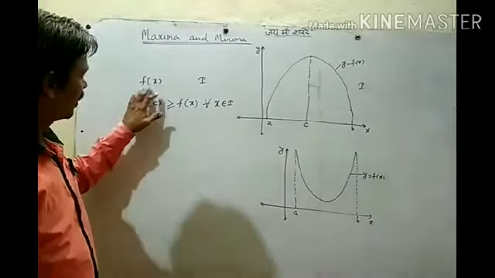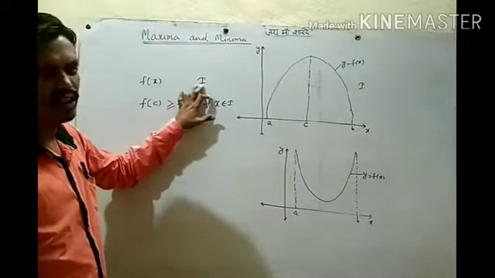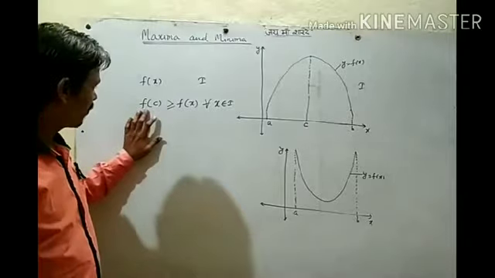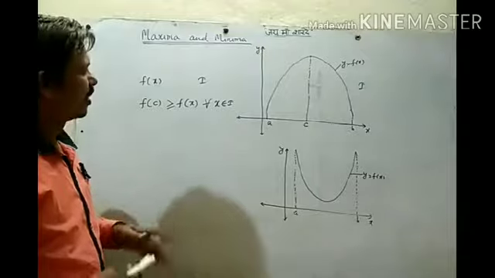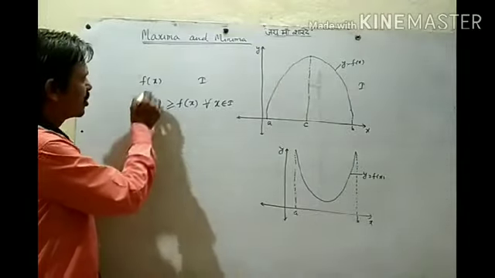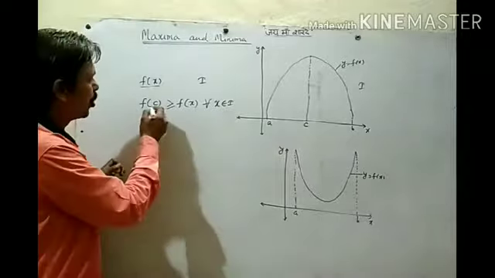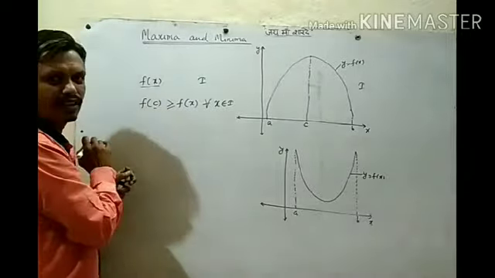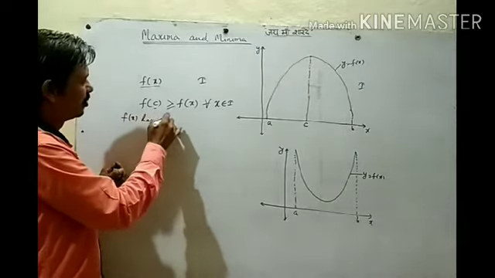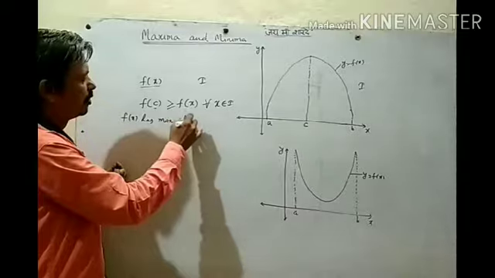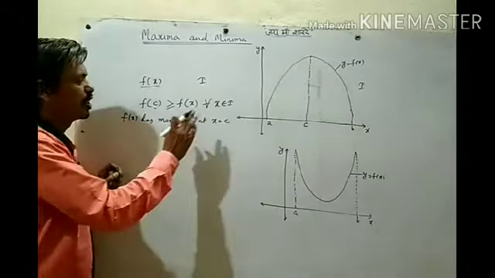Okay? F of x is any real function defined in the interval I such that f of c is more than or equal to f of x for all x belongs to I. Then we say function f of x has maximum value at point C, at x equal to C. What is C called?